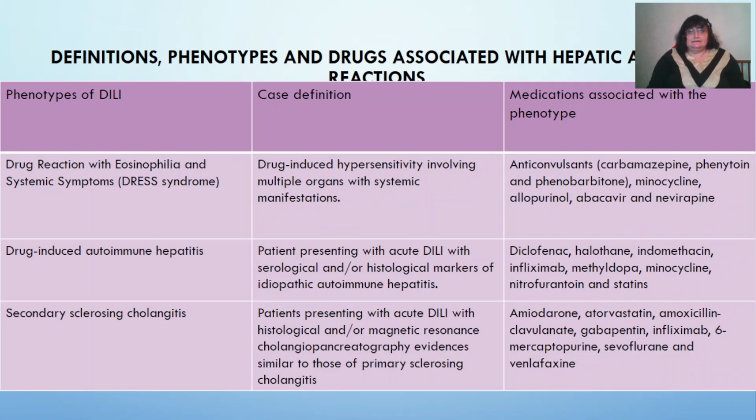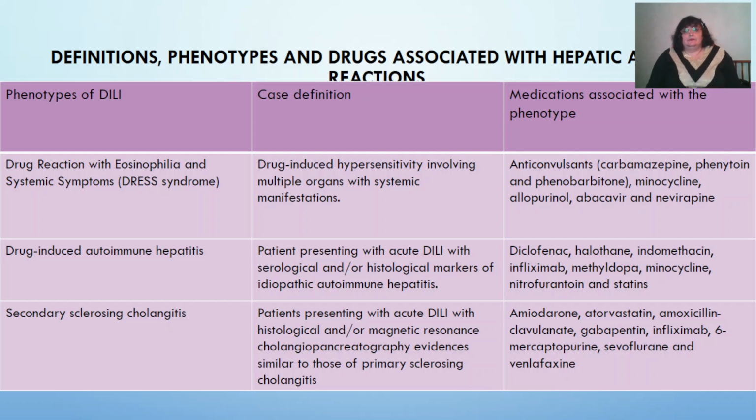Drug reaction with eosinophilia and systemic symptoms, DRESS syndrome. Its case definition: drug-induced hypersensitivity involving multiple organs with systemic manifestation. Medication associated with this phenotype: anticonvulsants, carbamazepine, phenacetin, and phenobarbital, minocycline, allopurinol, abacavir, and nevirapine.